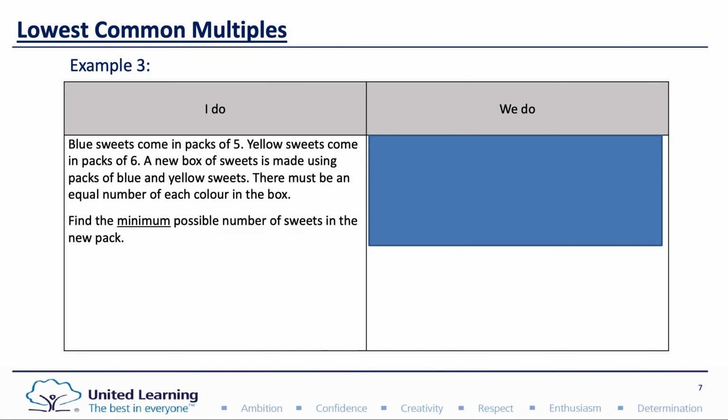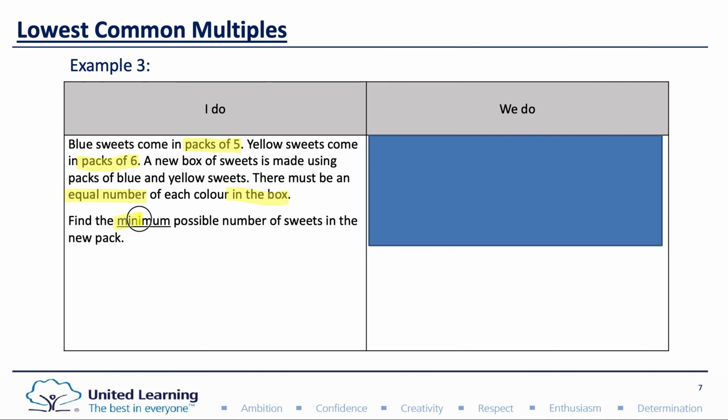Lots of things to think about here. So it looks like this one comes in packs of 5, but this one comes in packs of 6. We need to make a new box of sweets using both, okay, but there must be an equal number in each box. So what that means is they have to have the same total number.